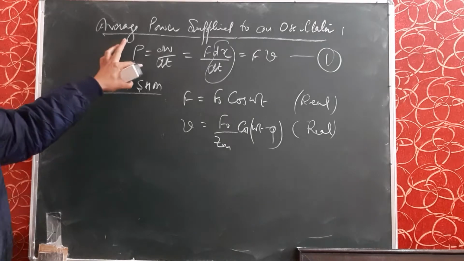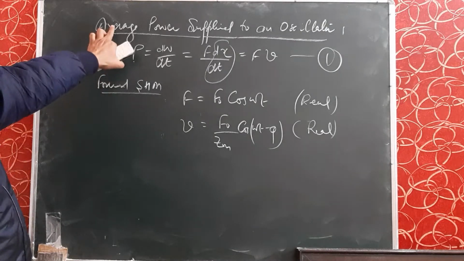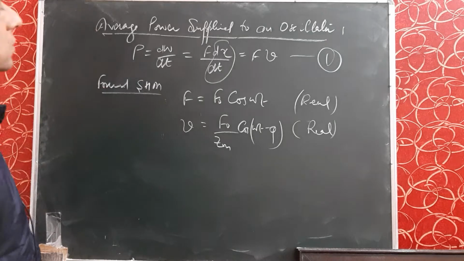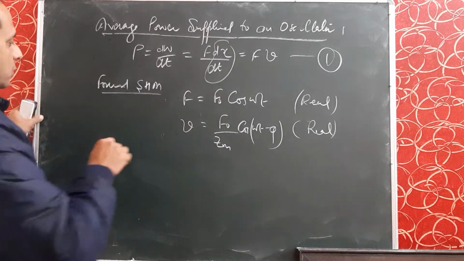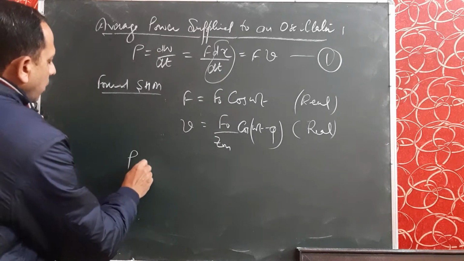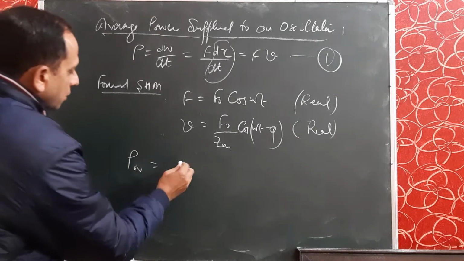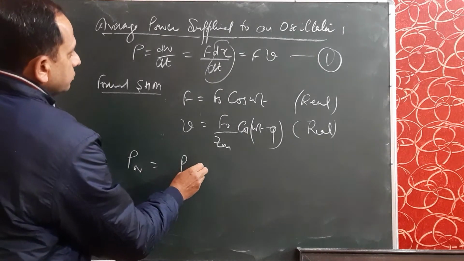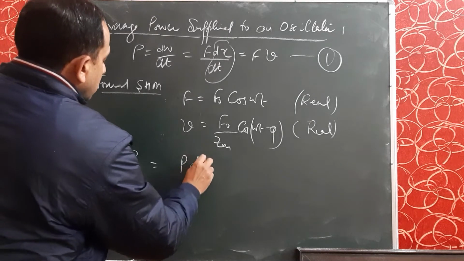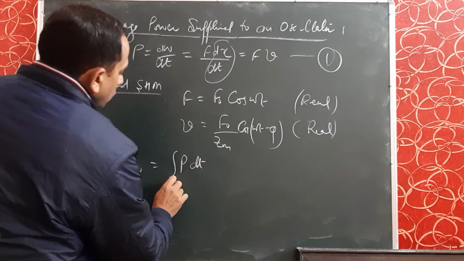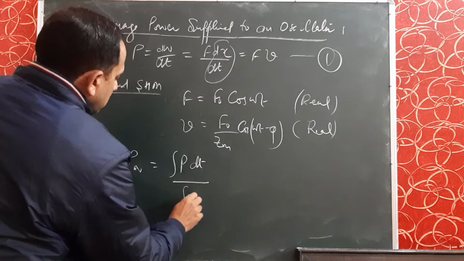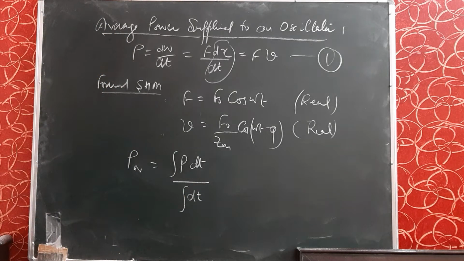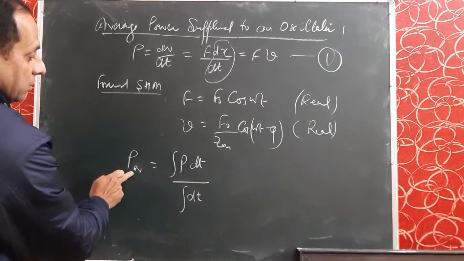But our topic is average power. This is power, but we have to find an average of the power. So, what is the formula for average power? It is equal to the integral of power dt over the integral of dt. You know that this is the formula for average power.